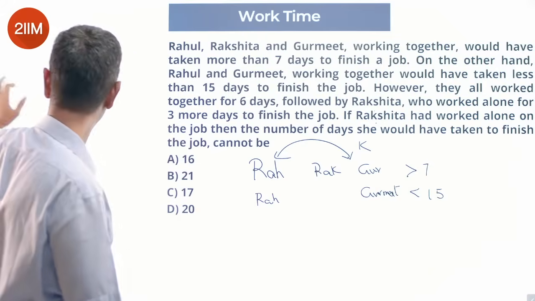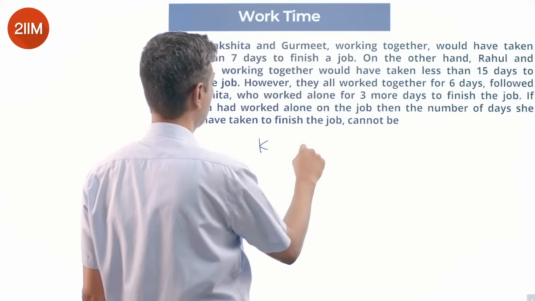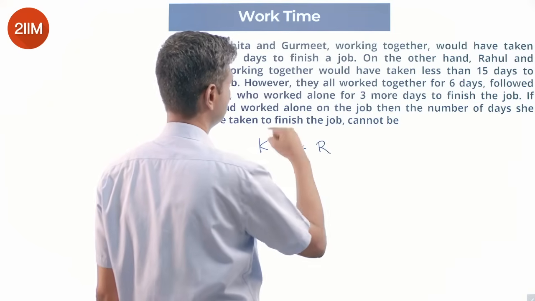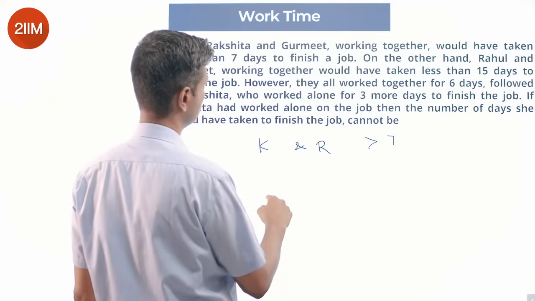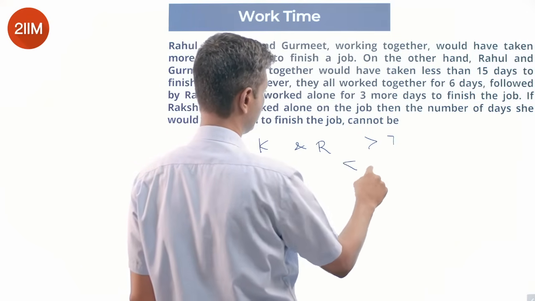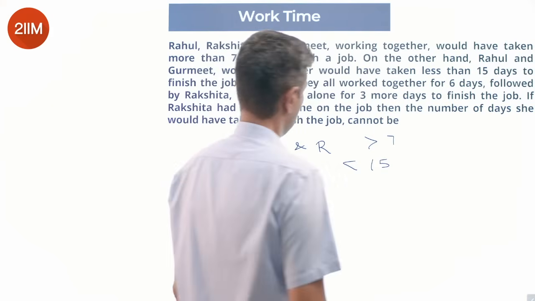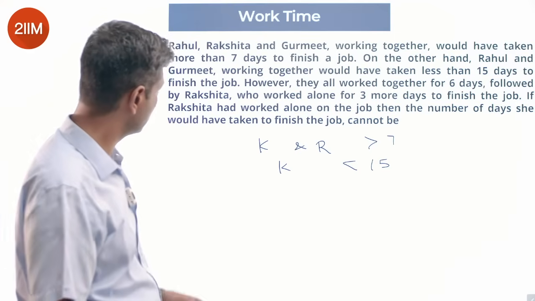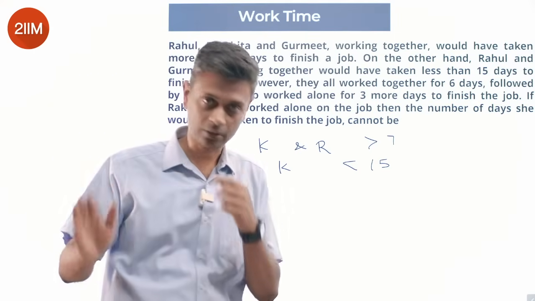And this makes life dramatically easier, because now we can say k and r take more than 7 days. K takes less than 15 days. And then 6 days of k and 9 days of r finishes the task.